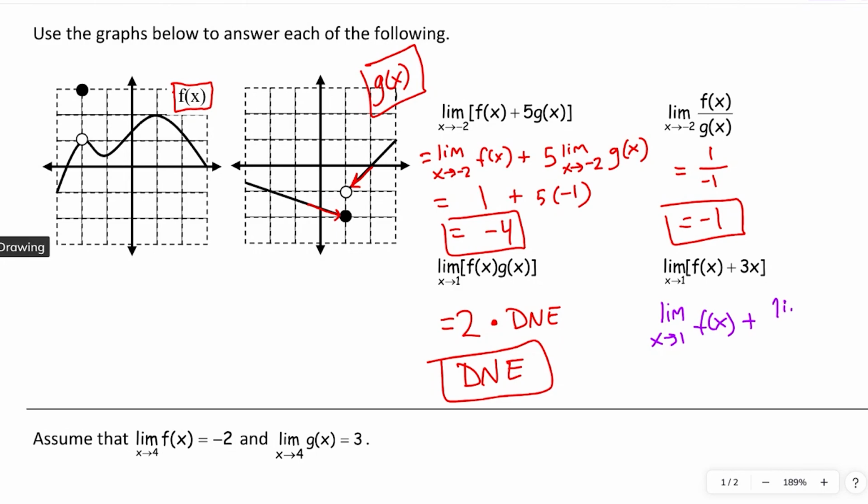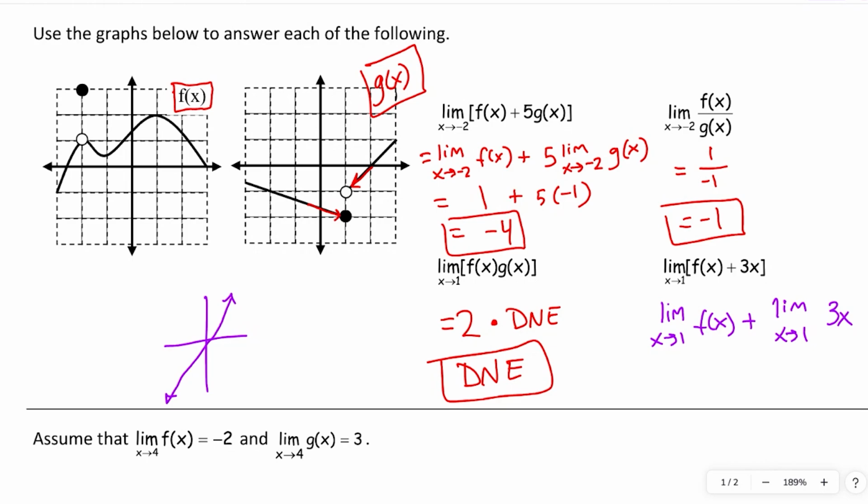So the 3x is like another function, right? It's not graphed here, but you know what 3x looks like. It's just going to be a line, something like this, right?